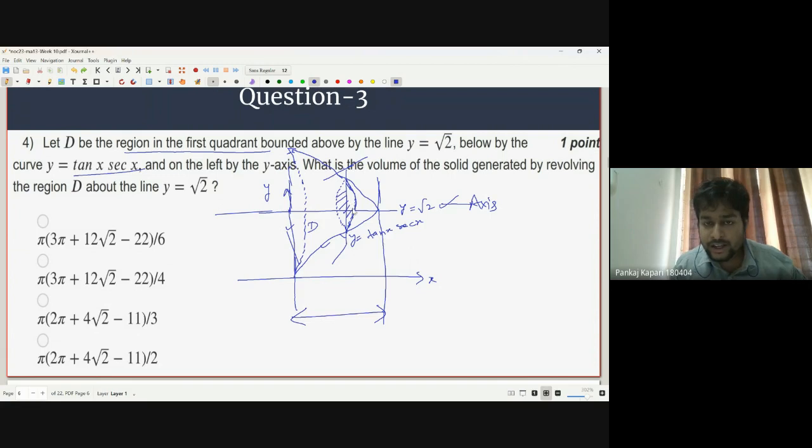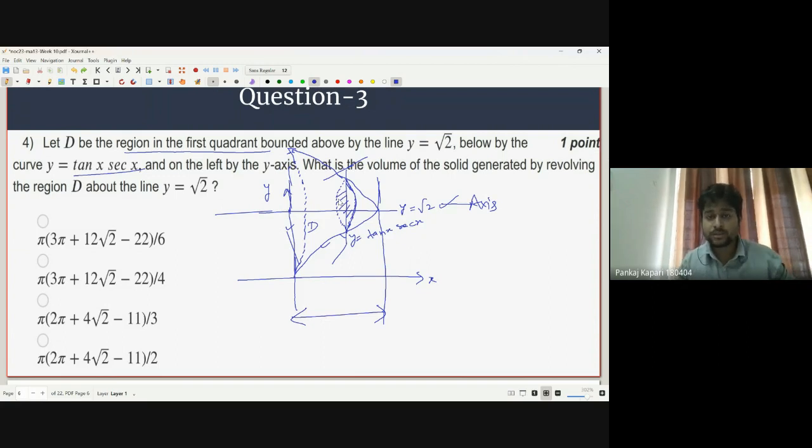And for finding the area of this disk, you have to find the radius of this disk. So what is the radius of the disk? So can you tell me? Anyone? This is the radius, right? We can draw it here like this, and this was our line y equal to root 2, and from the line this distance is our radius, right?